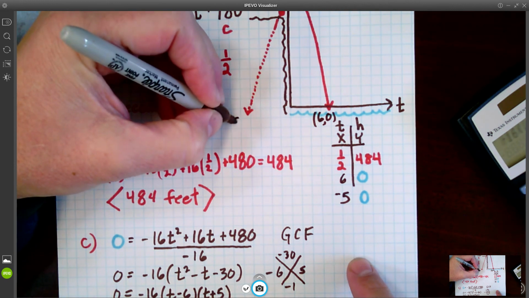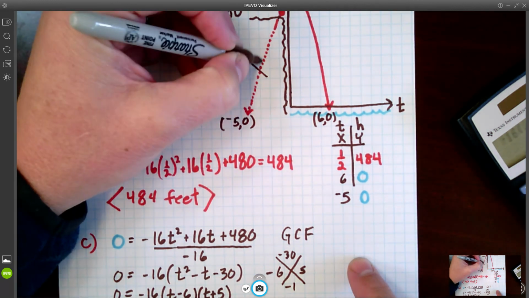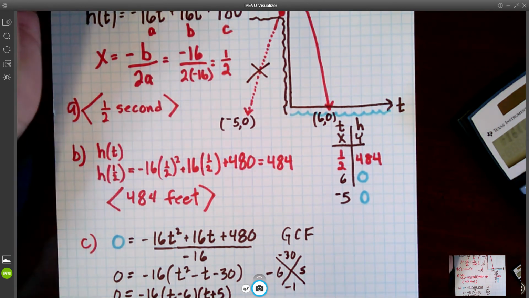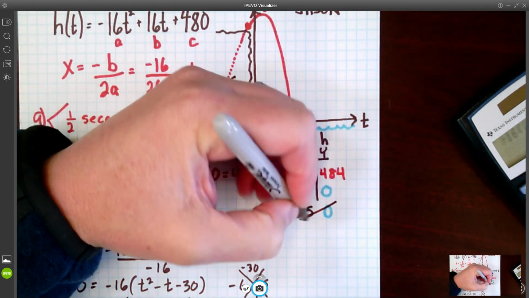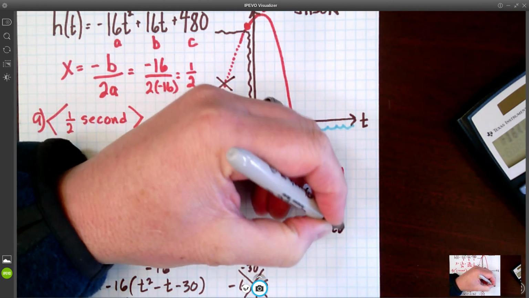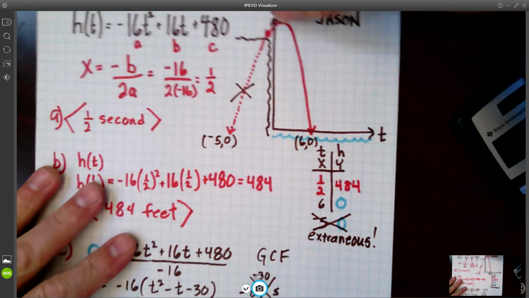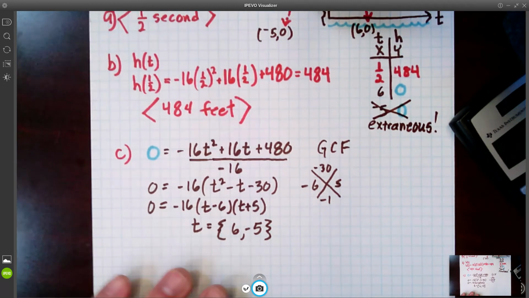This is negative 5 seconds and 0 feet off the ground. This part right here is extraneous. It can't be a solution. Mathematically it could work, but in the physical world it doesn't.